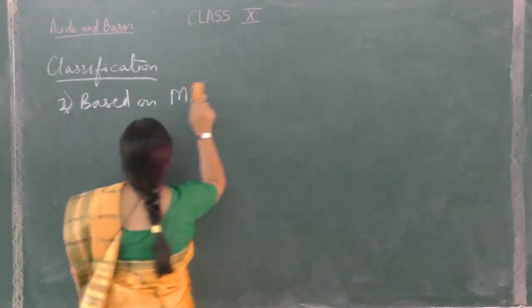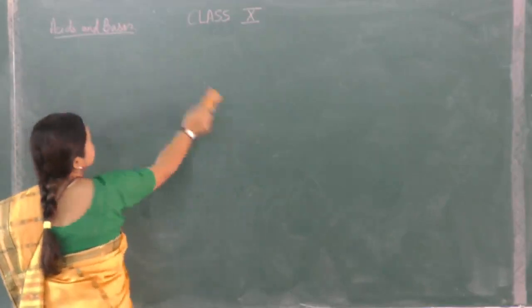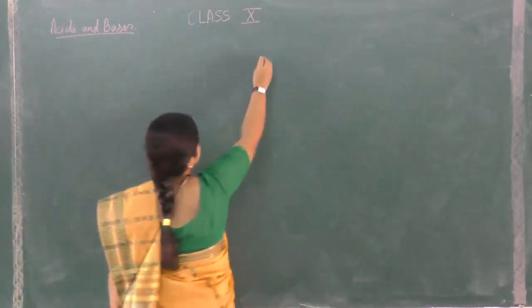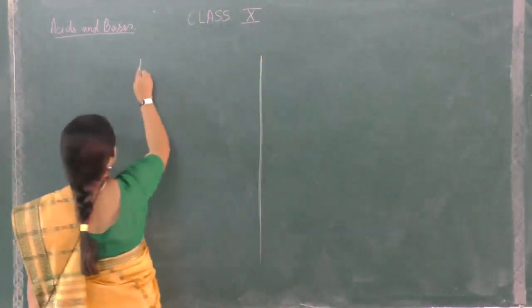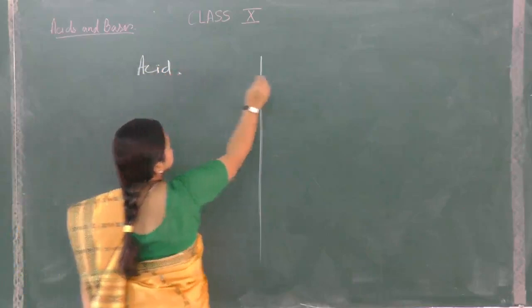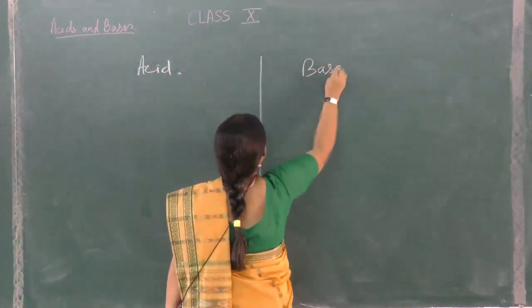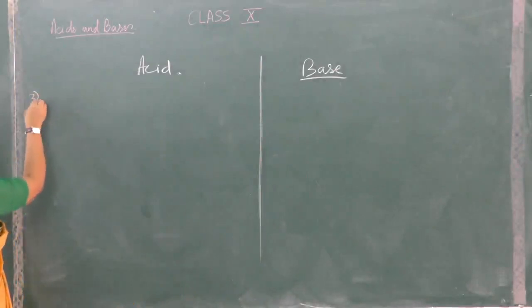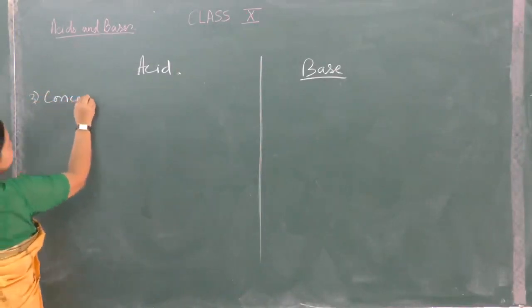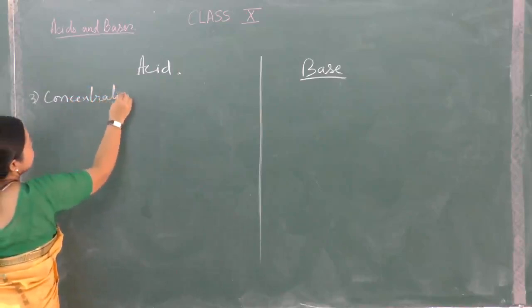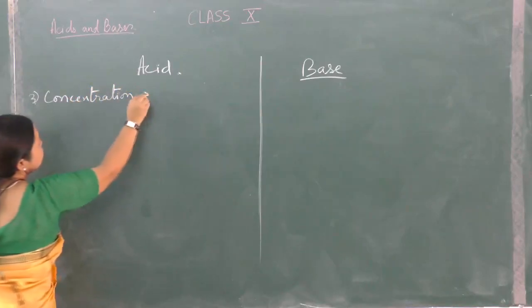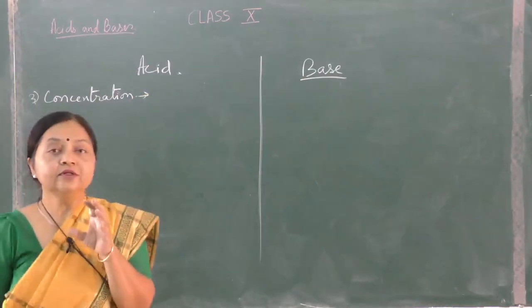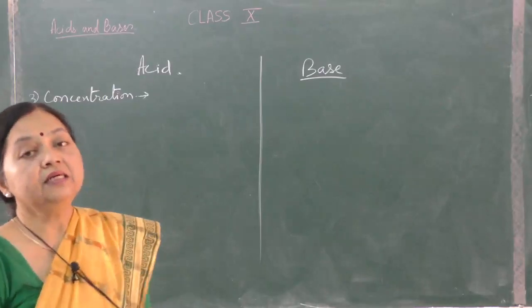Next is the concentration of the acid. From here, bases also can be classified on this basis. So we'll write acid over here. Third classification, concentration. This totally depends on the amount of acid present in the solution.